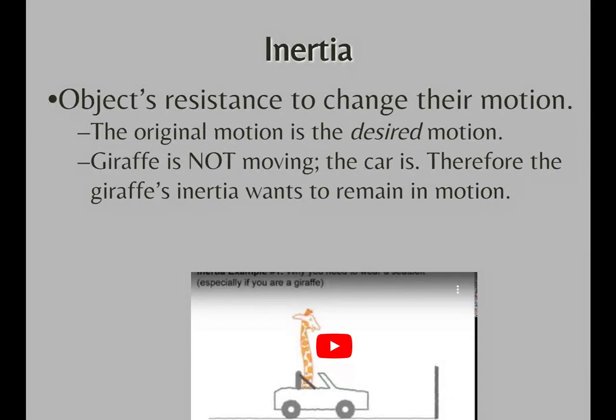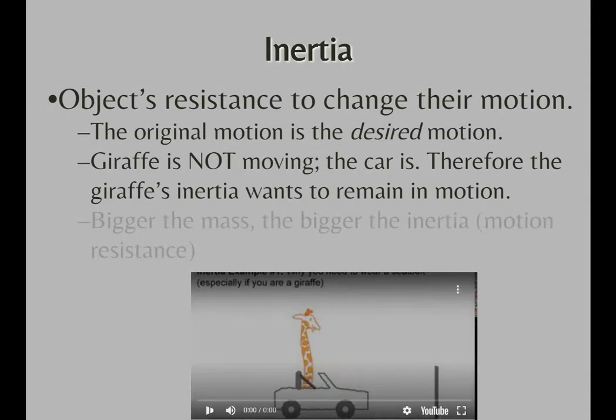So if we have to stop or we brake, or when the person takes off, you see how our body jerks back and forward? That's because we wanted to remain in that rest position. The seatbelt helps our inertia. It supports our inertia for us not to move when we have that unbalanced force act on the car.